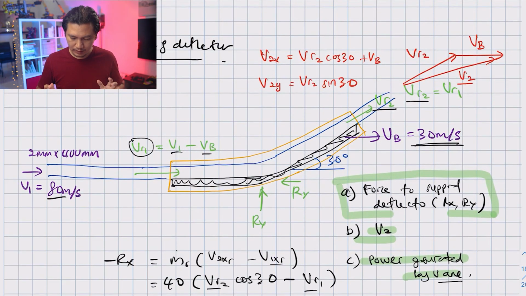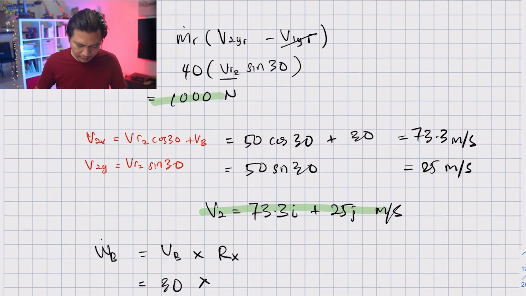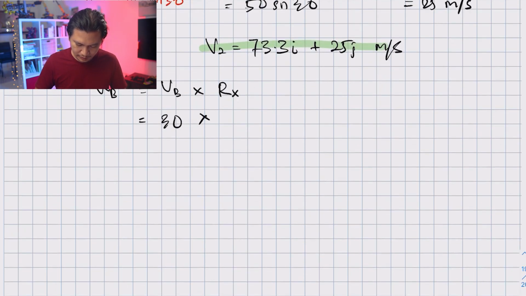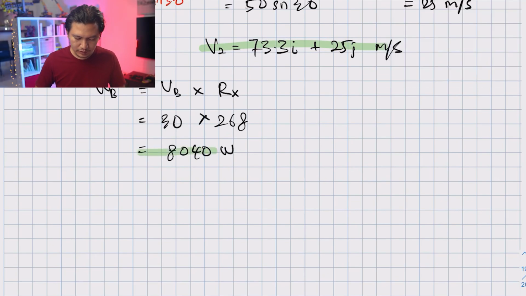This body is moving to the right, meaning that it is moving in the X direction. And power is only generated in the direction in which the body is moving. So the obvious choice for R here is Rx, and VB is 30. Our Rx is 268. And this is equal to 30 times 268, 8040 watt.